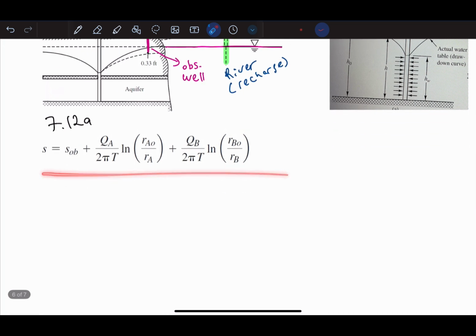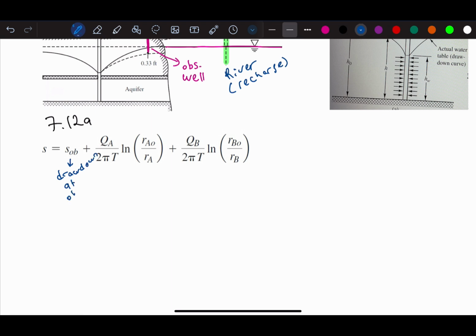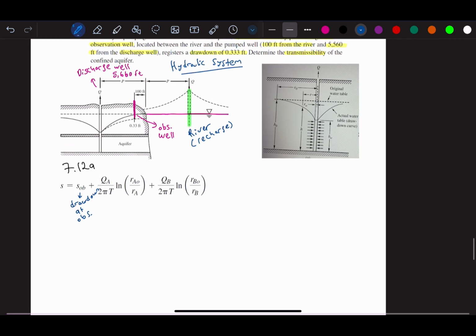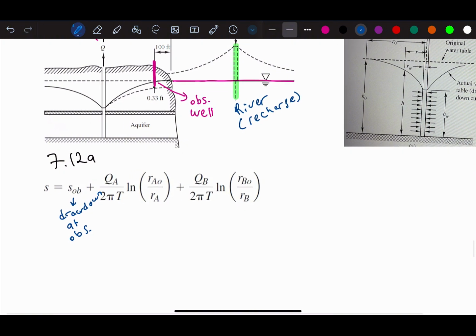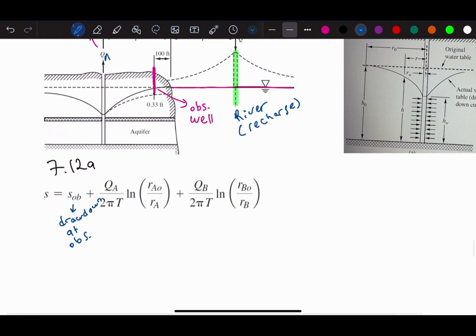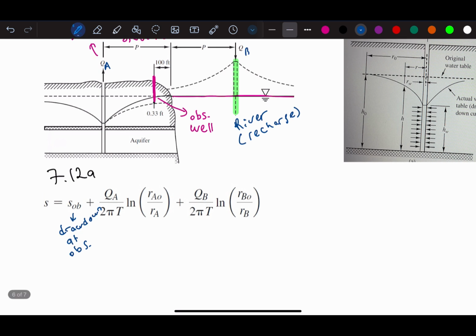For this kind of question, we can use the 7.12a equation to find the drawdown at the point of interest. And we have SOB, which is the drawdown at observation. We have QA, and let's call the other one QB.